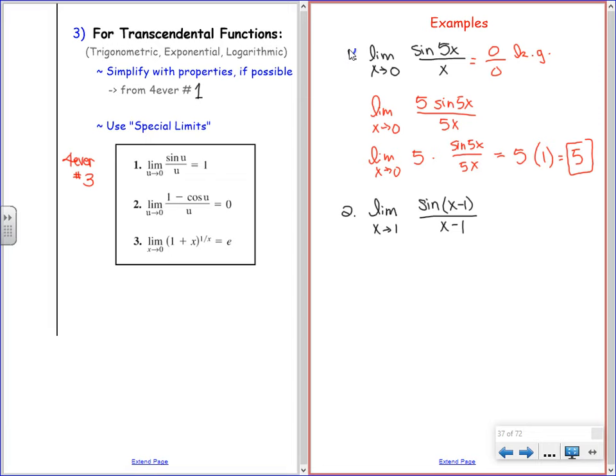What happens when I plug in 1? 1 is the 0 of the u. This just means what makes u 0? Oh, this does. So if I still get 0 over 0, keep going, and if this fits the sine of u over u pattern, what can I say the limit equals? Got it.